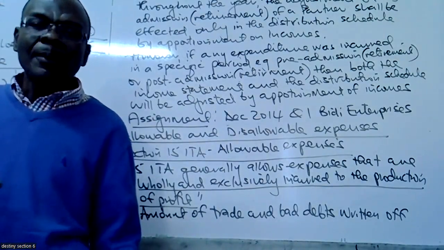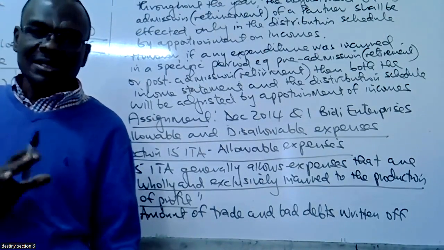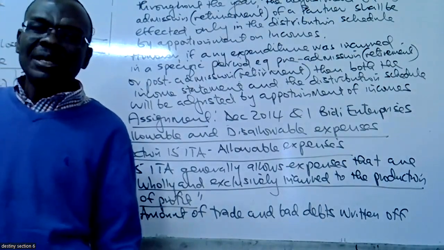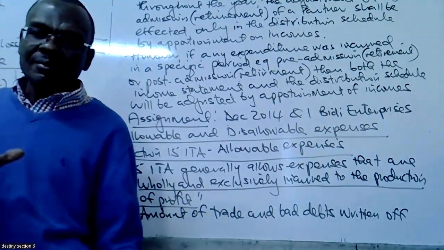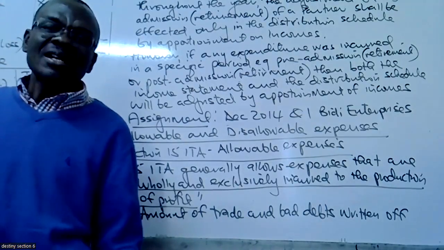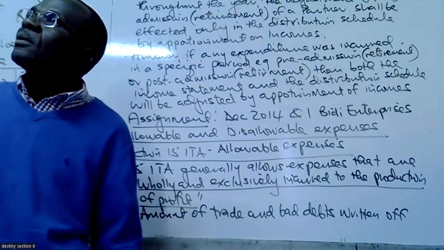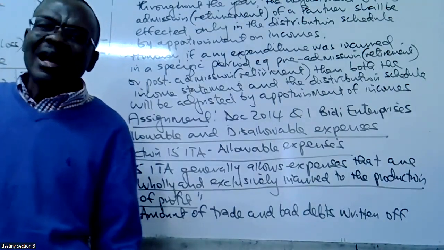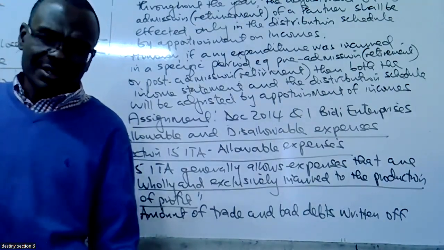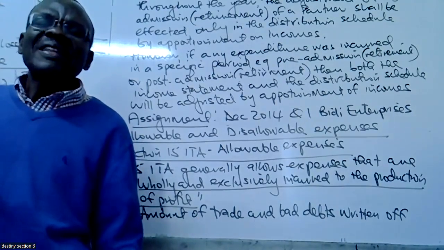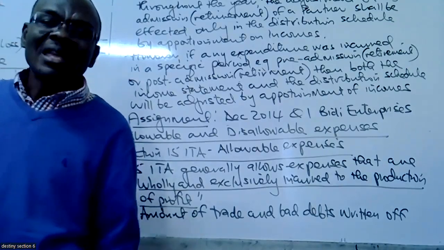For example, if the business had sold an asset, probably they sold a car, or furniture and fittings, computers. They've sold, then the debtor fails to pay.